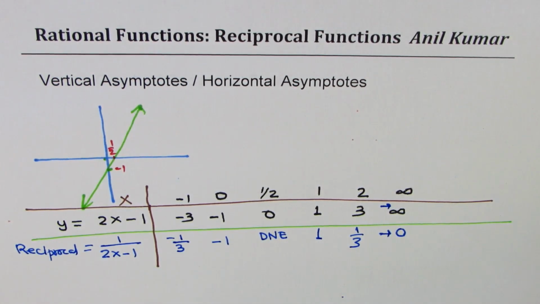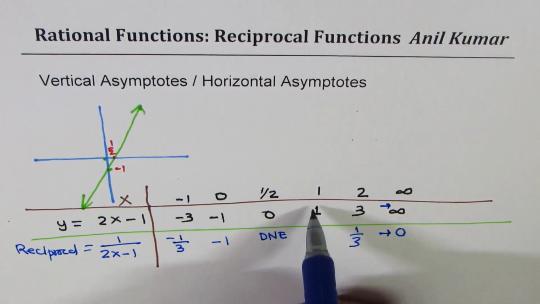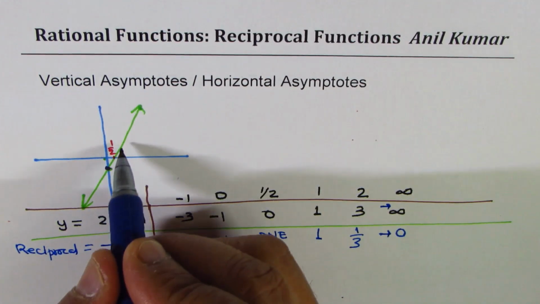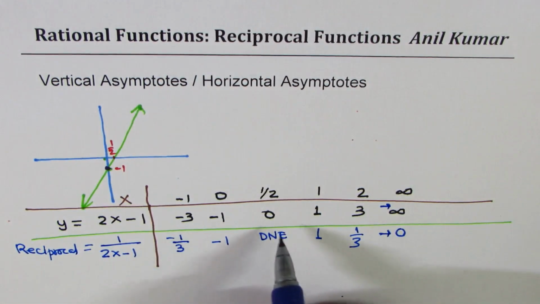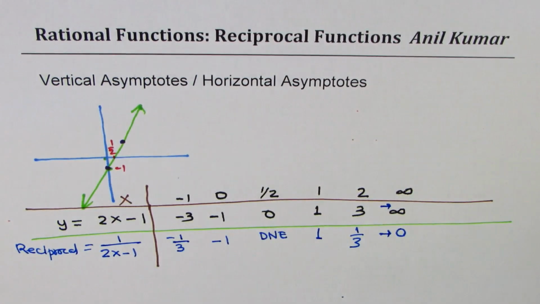Now here you can see that we do have invariant points at minus 1 and plus 1. So these points will be common. Let's say this is 1 for us, right? So at 1 it is 1. Let's say these are invariant points represented by these 2 points.